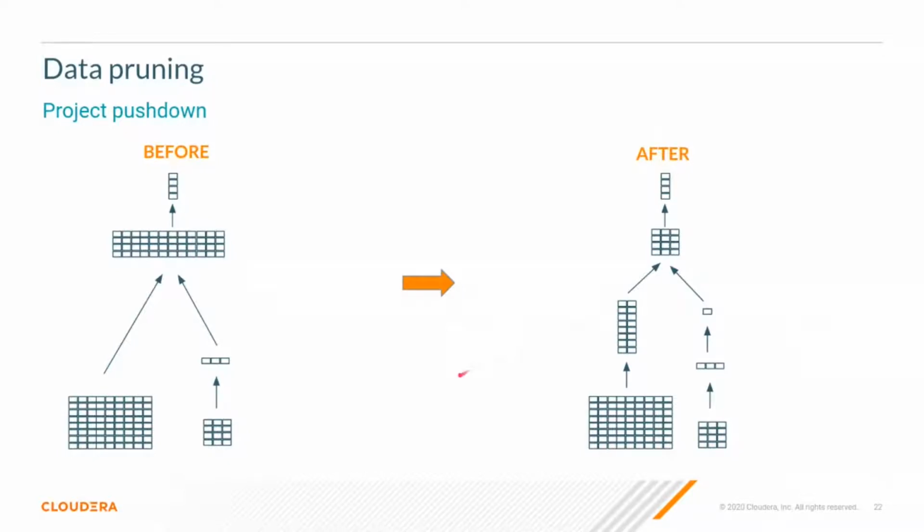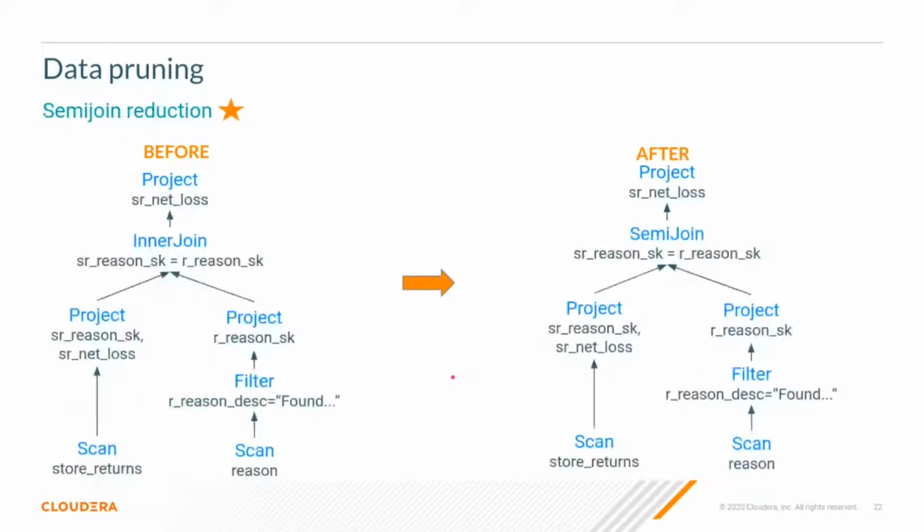Now, let's talk about another optimization, which is a bit less known, but also very important. It's called semi-join reduction. Many people may have observed already that what happens here is that we are using the right side of a join just to reduce or prune the results of the left side of the join, because in the end, the columns that appear on the right side are not used in the result.